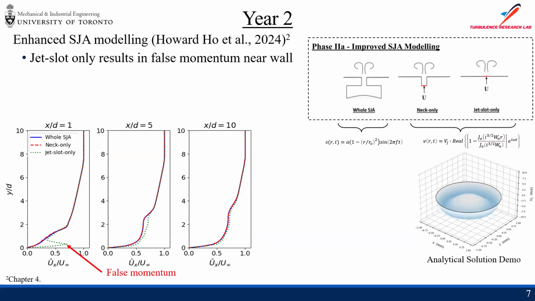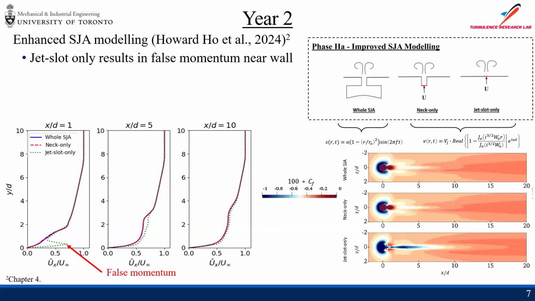However, if we look at the flow surface only case, where applying a boundary condition directly on the flow surface, there's a bit of an odd spike of near wall momentum, which I'm labeling with the red arrow, the false momentum. Basically, what happens is that the boundary condition is being applied too close to where the flow is highly unsteady, and we're almost trying to overfit an over-constrained model. During the ingestion cycle, some of the flow could not exit the computational domain properly and shoots back into the domain.